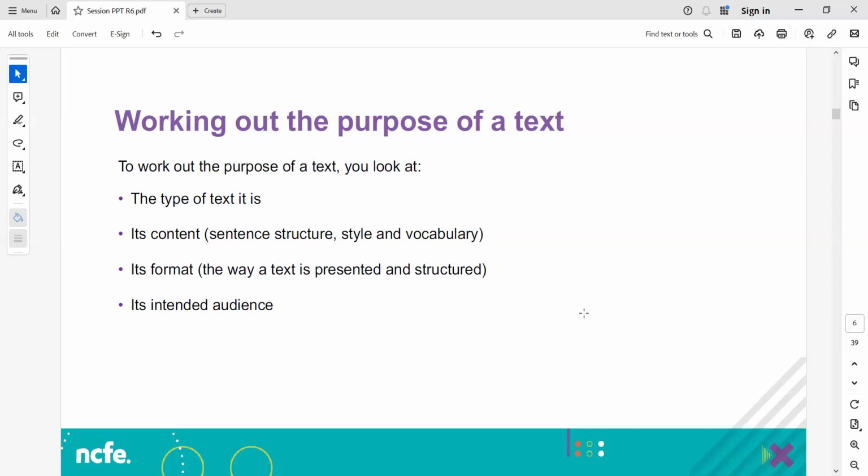We also need to look at the format. How is it presented? How has the text been structured? And who is it written for? What's the intended audience of the text? So you need to look at all of those things to work out the purpose. Any questions so far?